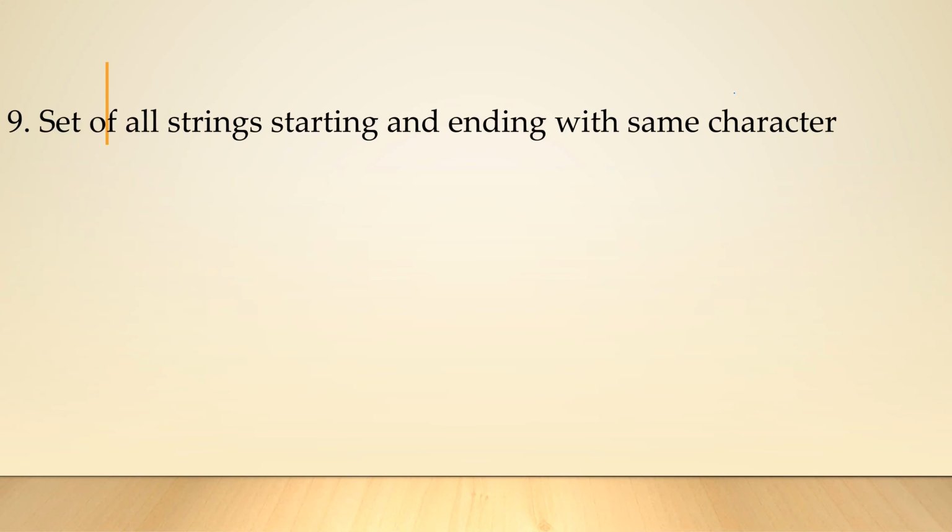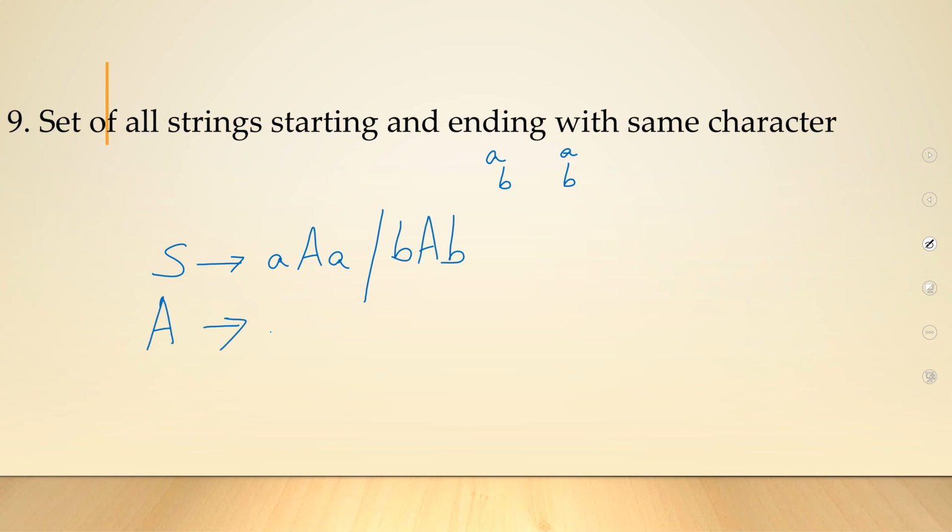Which means if it starts with A, it should end with A. If it starts with B, it should end with B. So if it starts with A, in between it can be anything, and it ends with A. Or it starts with B, in between can be anything, and it ends with B. And then A is my A raised to n thing. It can either be AA or BA or epsilon.